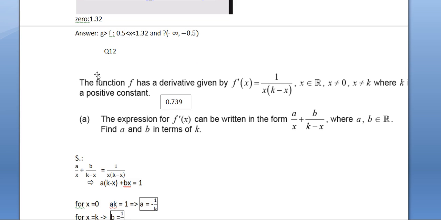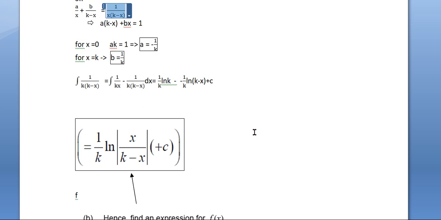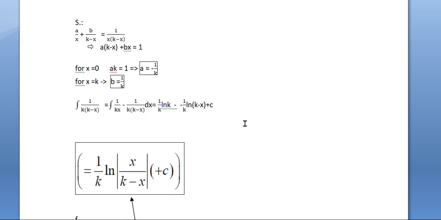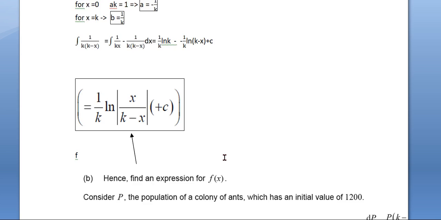Next, question 12. Function f has derivative like this, where k positive constant. The expression for this, right? So they give us example how to transform such form into such form, and even how for such form it is easy to find logarithm.